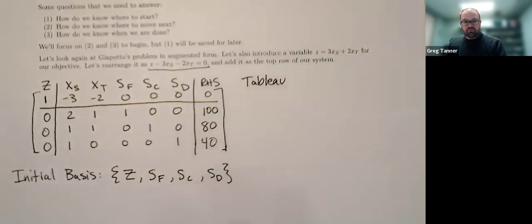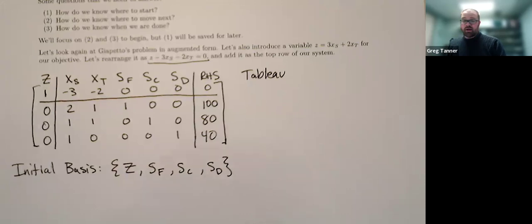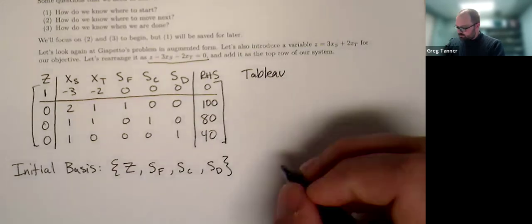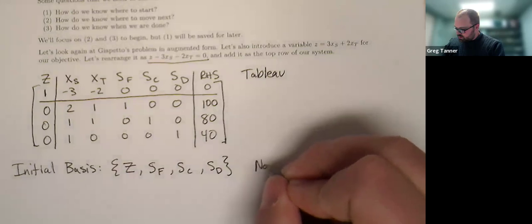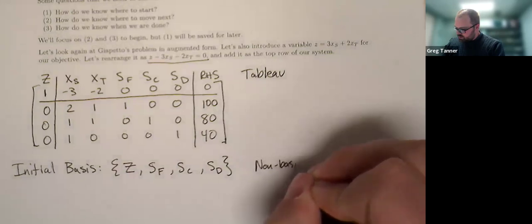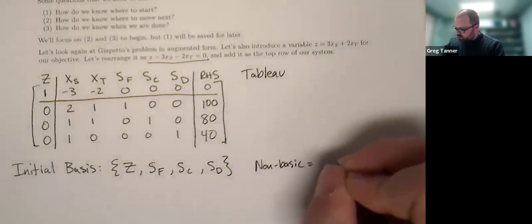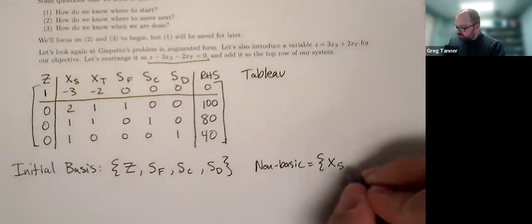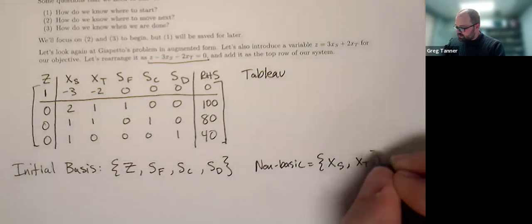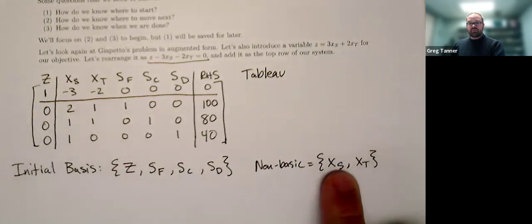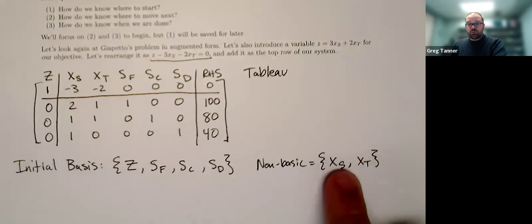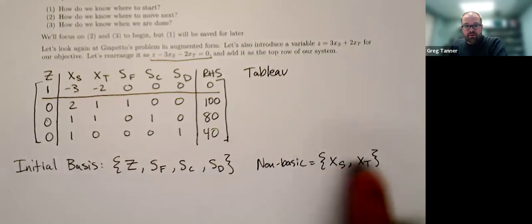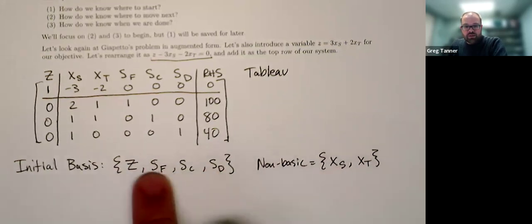So these are going to be all of our basic variables, and all the other variables, so maybe I'll make a note of it, non-basic, would be my 2 original variables, XS and XT. So the non-basic variables, we're going to set each of these to 0. And then we're going to essentially read off the values of these ones here.